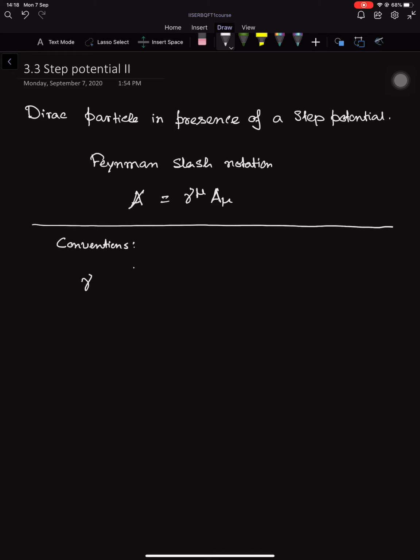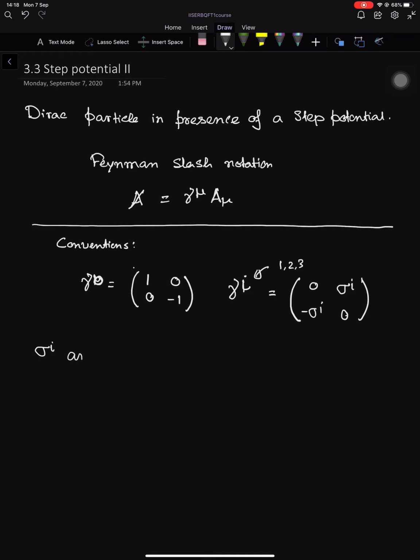Our choice of gamma matrix is the following. Gamma 0, and gamma I, where I runs from 1 to 3, is 0 sigma I, minus sigma I 0.